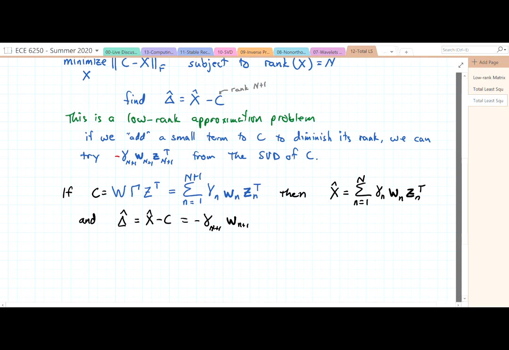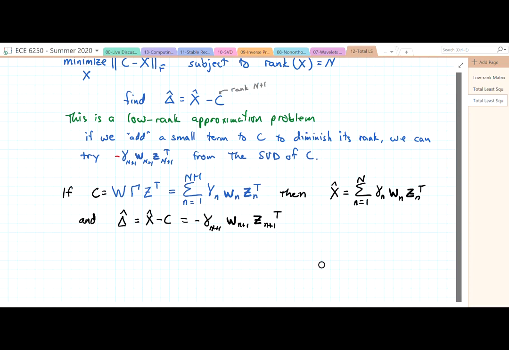It should have been a Z. So this is Z n plus 1 transpose.